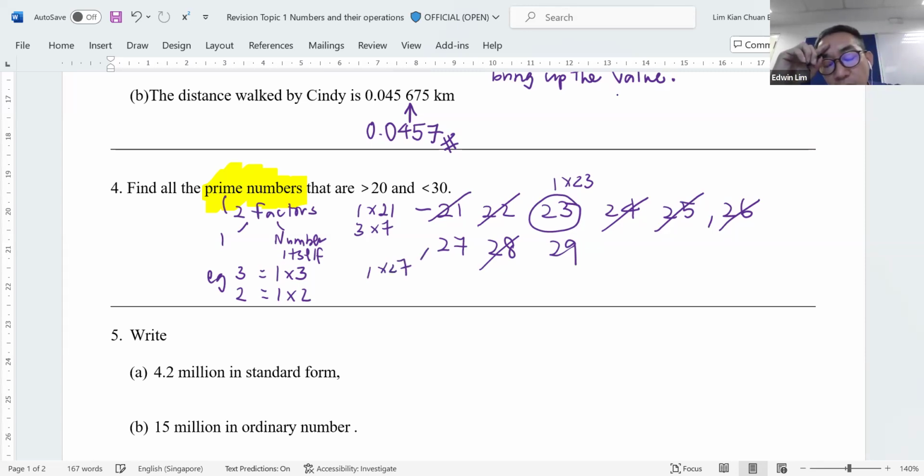Any number else? Okay, will be 3 times 9. So 27 is out. And lastly, 29. 1 times 29. How about 2 times 13? Nope, it's not 29. So it's only 2 factors. So my answer, 23, 29.